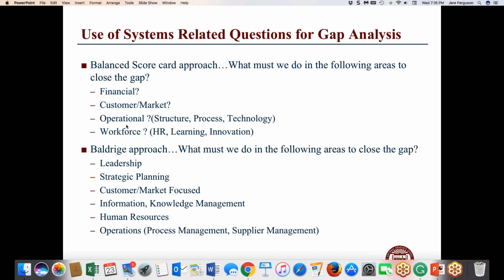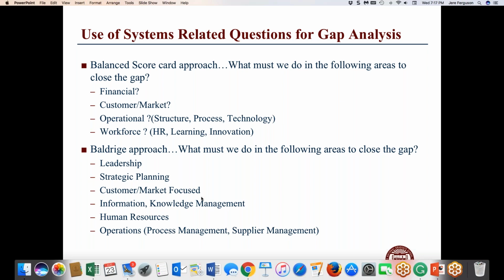Again, we go into the similar one up here, operational. Here we're talking about process management, supply management, shipping management, new product design management, day-to-day operations management, all of the different elements of the production of your product or service. There are going to be gaps between what you currently are capable of doing and what you need to do, and you have to identify those and quantify what you need to gain.